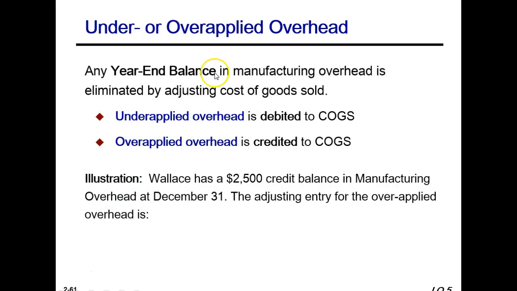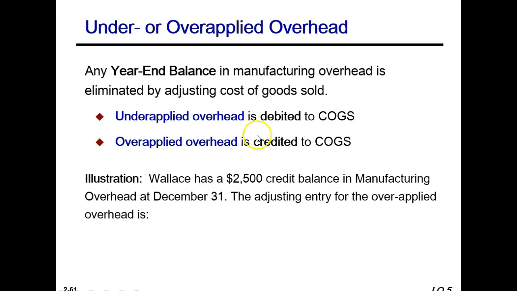Any year-end balance in manufacturing overhead will get eliminated by adjusting the cost of goods sold. So if we underapplied overhead, which means we've got a debit balance sitting in our manufacturing overhead, what we're going to do is we'll credit our manufacturing overhead and we'll debit our cost of goods sold. You see that? Which increases our cost of goods sold.